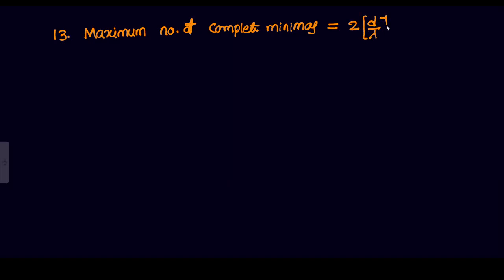Next, maximum number of complete minimas. How many are possible here? That is 2 into step of d by lambda. Why 2? Above is there, below also there. Same thing will happen. That's why 2 times.